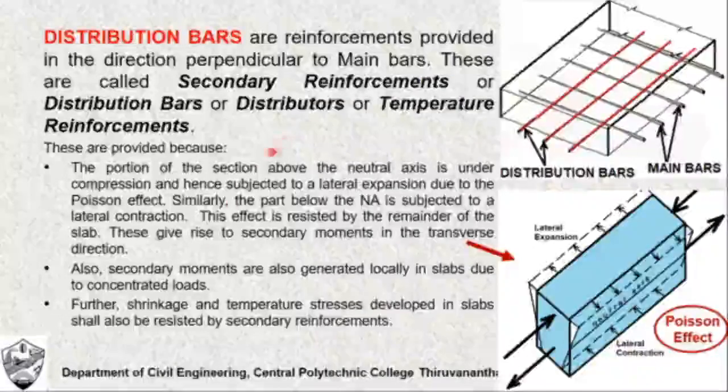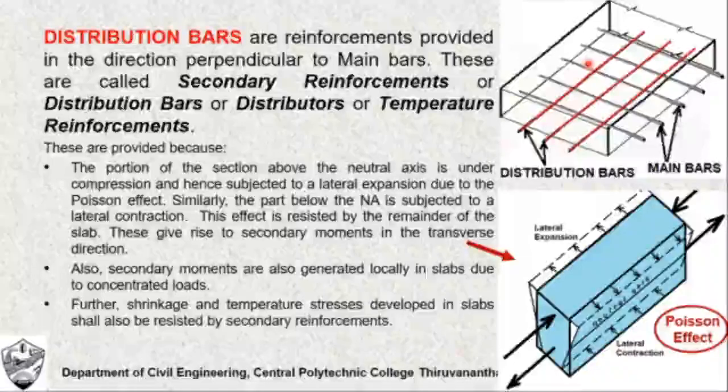There are other reasons also why we provide distribution bars. For example, you apply some loads on the slabs. Very heavy loads, if applied on the slabs, can result in local stress development which may not be as you predict.